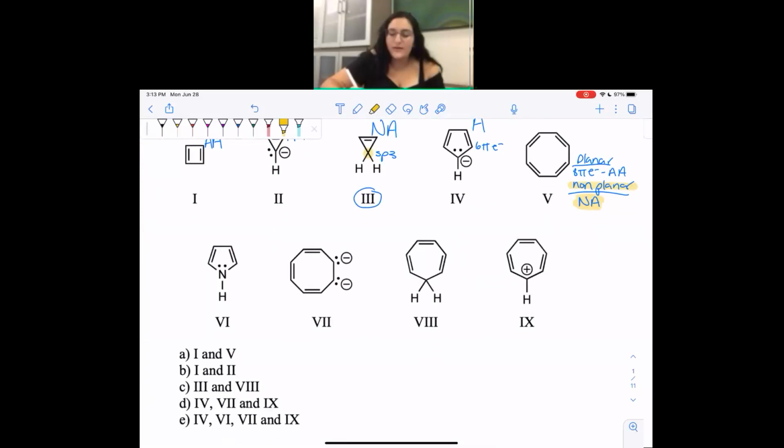So the second row, we already did this one. We said that sp2 would be more stable than sp3. Therefore, this is sp2, and this is aromatic. All right, so this is another one of those 8-membered ring situations.